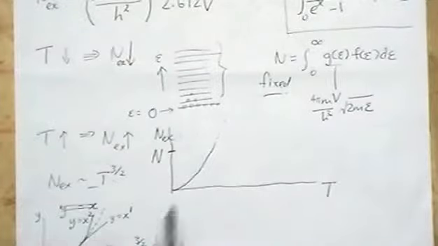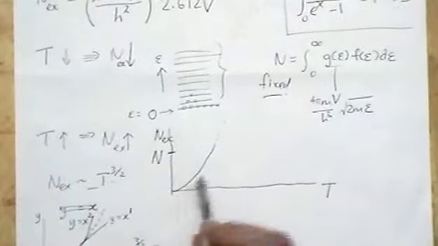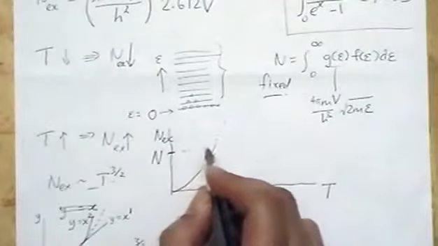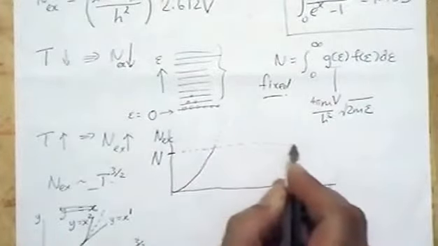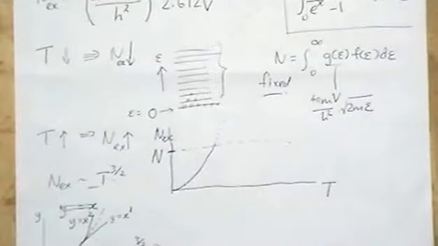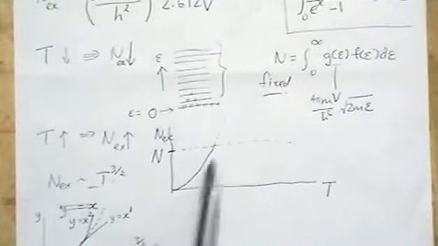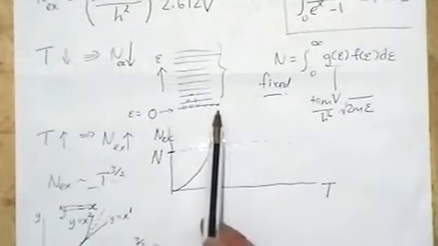So we would expect that when the curve hits N, it has to stop, because all particles would have been excited from the ground state.